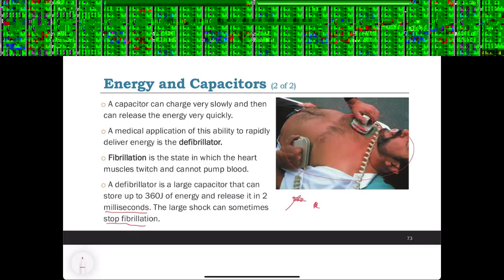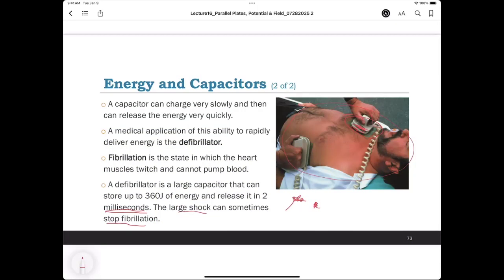Because a large capacitor can store much energy, and this energy can be released in a very short time, and this large shock can sometimes stop fibrillation. But just notice, sometimes, not always.